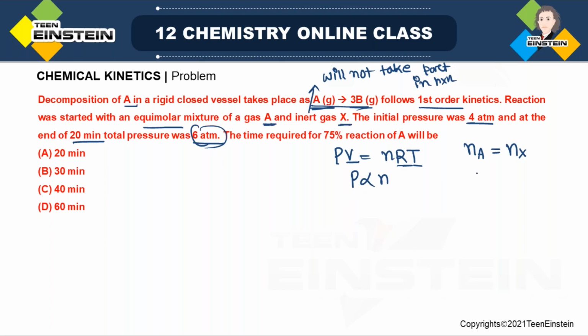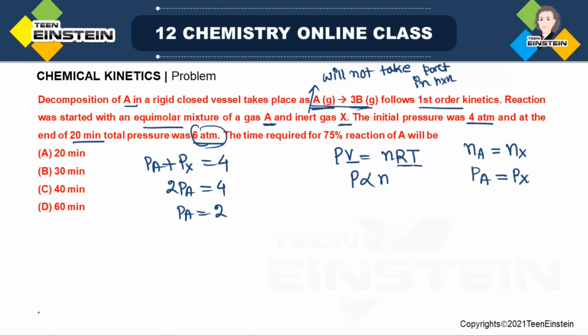That means pressure for A will also be equal to pressure for X. So when you are saying that initial pressure is 4 atmosphere, this is actually PA plus PX equal to 4. So PA plus PX is basically 2 PA because both are same. So pressure of A is 2.